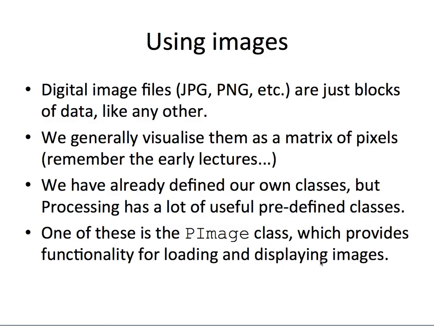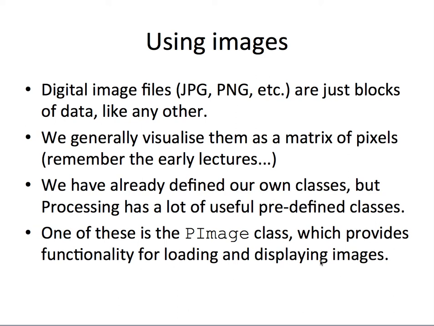So now that we understand translation, let's consider how we use it to deal with image files. Just like any other files, these are just data files which we generally visualize as a sort of 2D matrix of pixels. We'll show how to get inside these files and deal with the data inside them shortly, but let's first talk about how we can just display them in our processing app and how to manipulate how they're displayed.